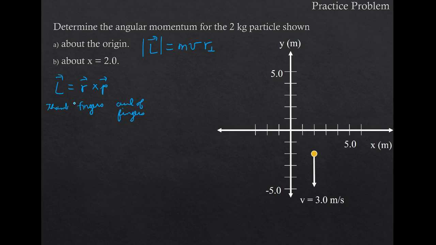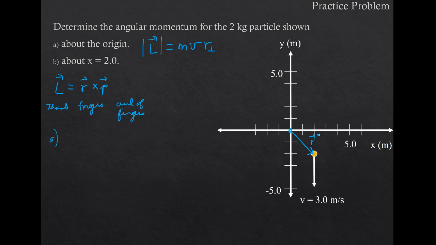Okay? And what we want to do is write expressions for each of these, R and P. Okay, so let's say that we want the angular momentum about the origin.